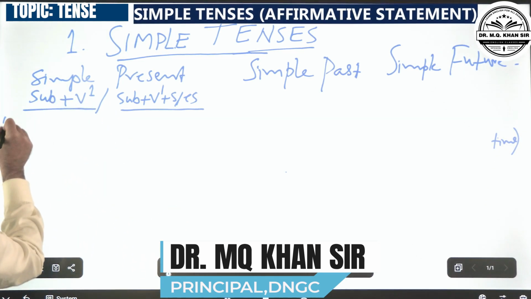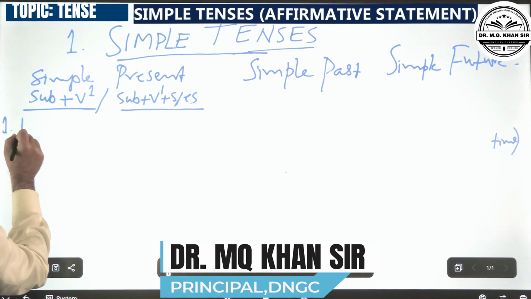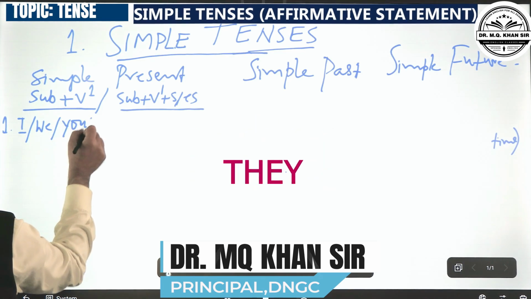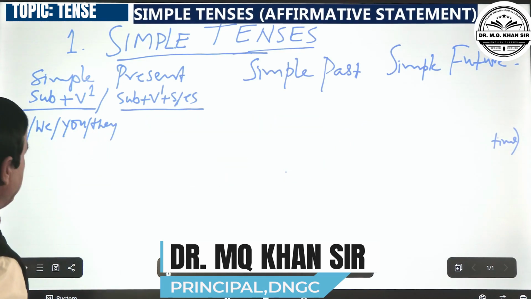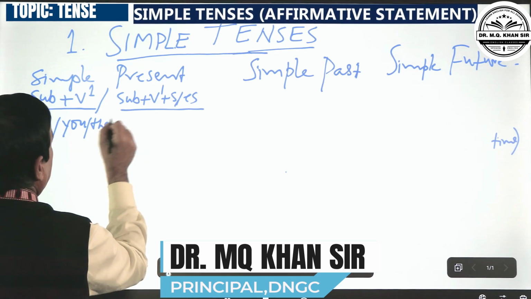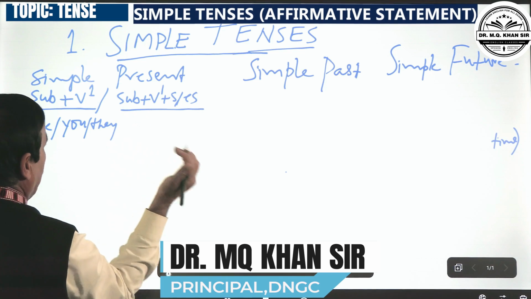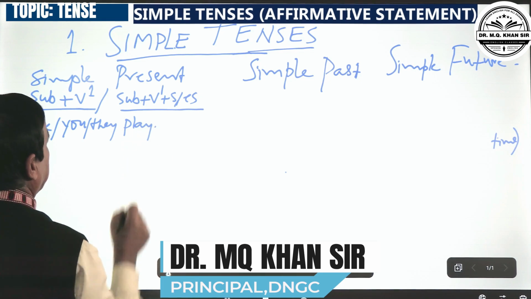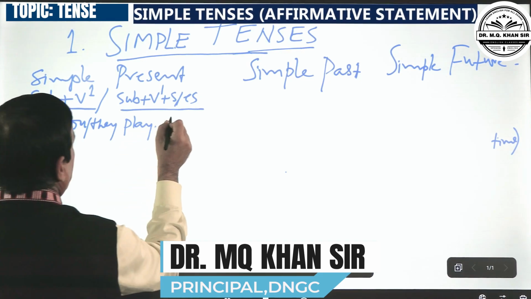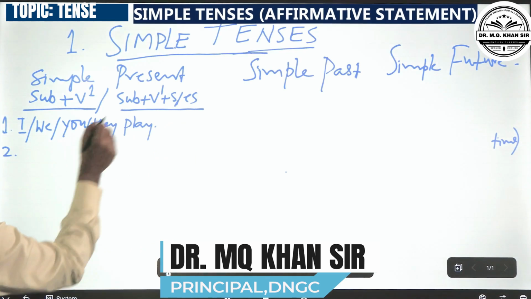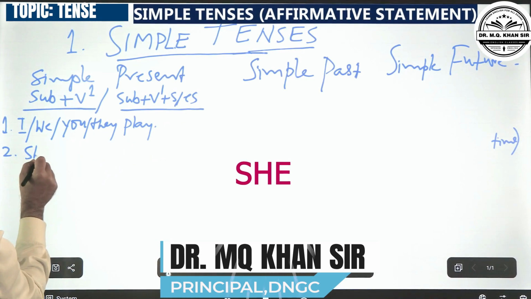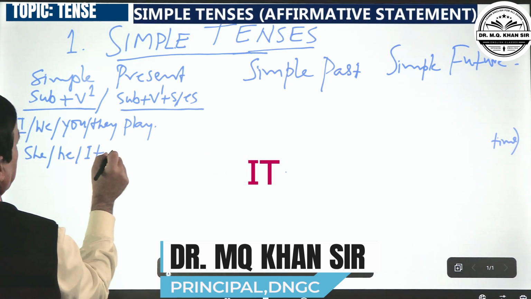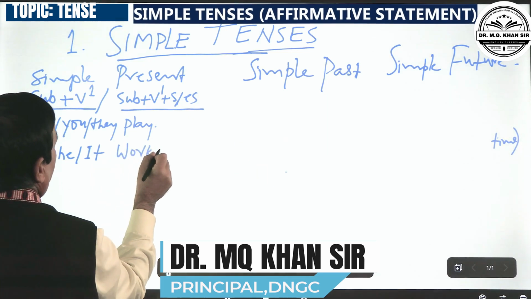Now look at examples. Number 1, I, we, you, they, or say any more than one name, that will be third person plural, then the same thing will come, like play. But on the other hand, suppose sentence number 2, apply this, she, he, it, then works.